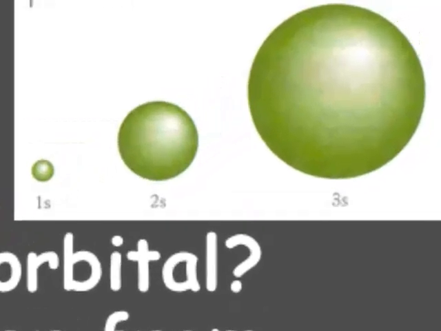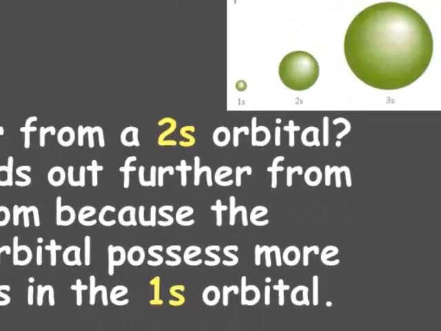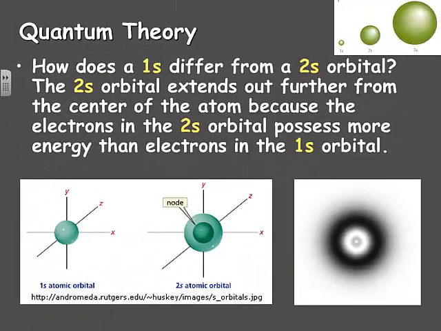A 1s orbital is much smaller than a 2s or even a 3s. So that corresponds to the amount of energy. The electrons that can exist in the 2s orbital possess more energy than electrons that can exist in a 1s orbital. That's why they can move further away. And in a 3s, they possess more energy yet.